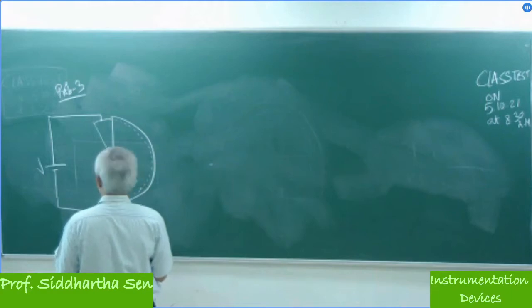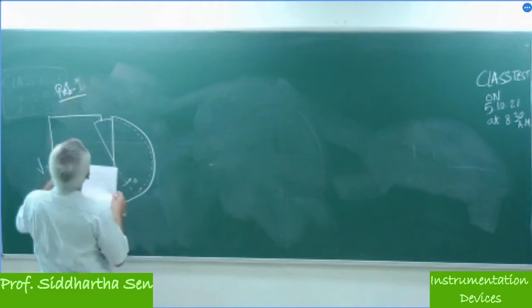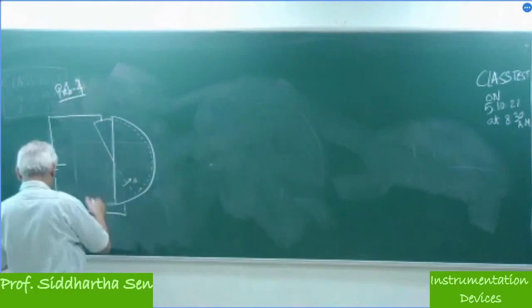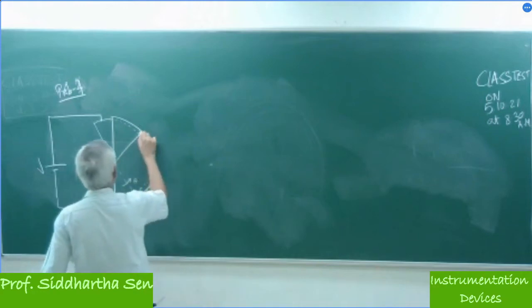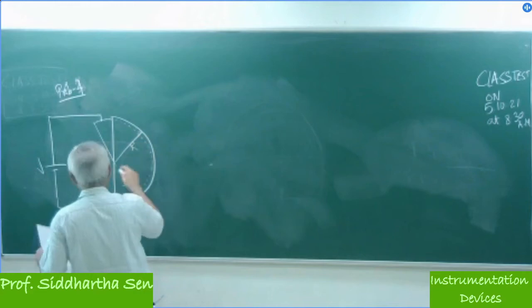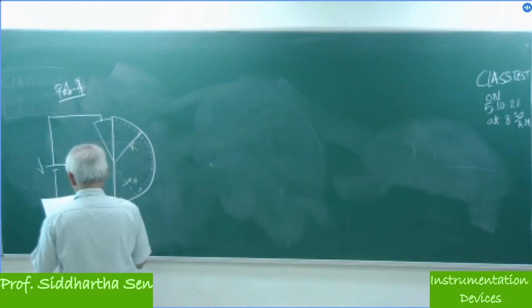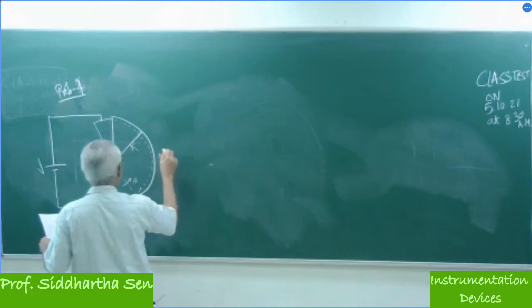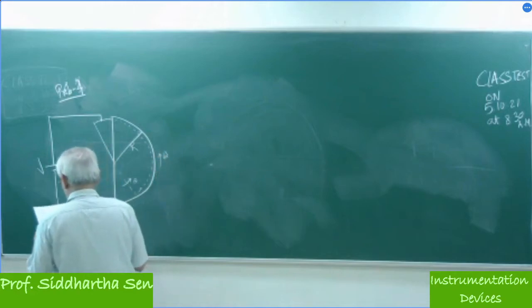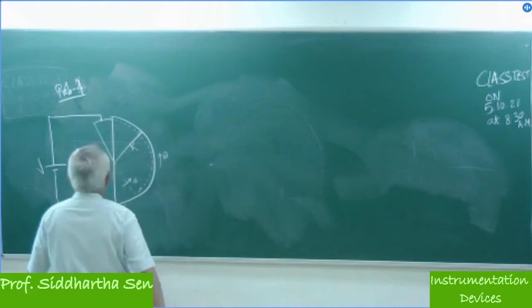Sorry, not problem 3, I think problem 4. It was given that the radius is R for both of them, and it is rotating at an angular velocity of omega. So find the current waveform.